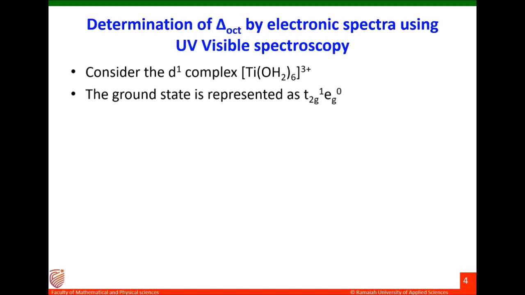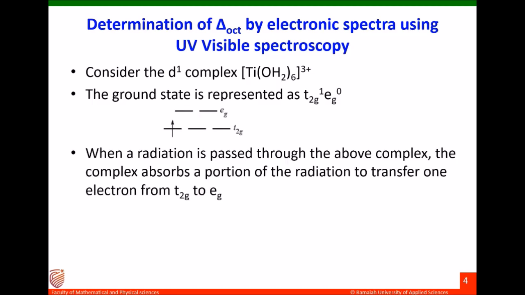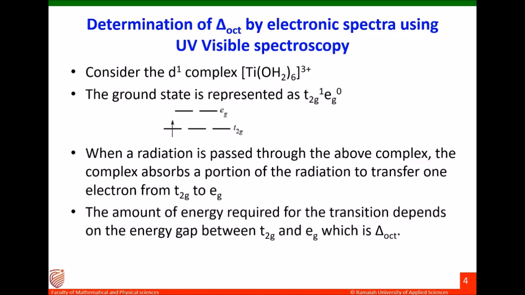Now, when radiation is passed through the complex, it absorbs a portion of the radiation to transfer that electron from t2g to eg, and the amount of energy required for this transition depends on the energy gap between t2g and eg, which is delta octahedral.